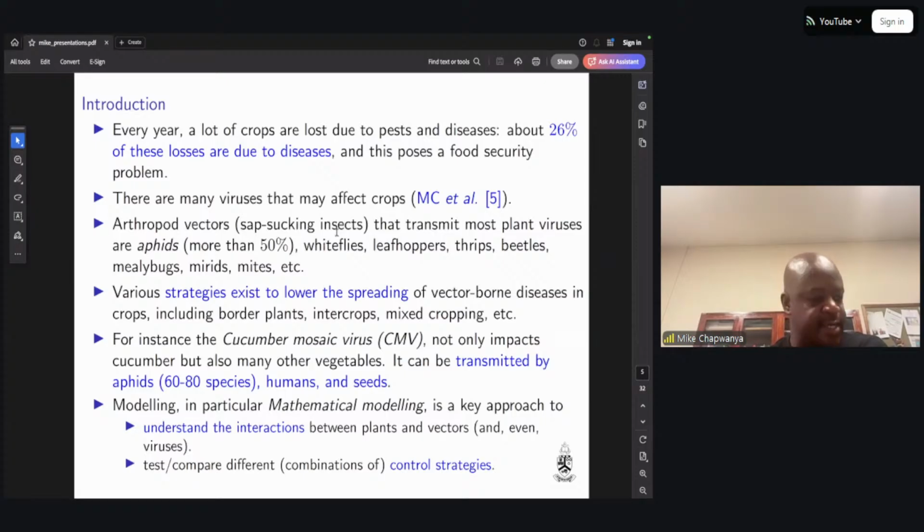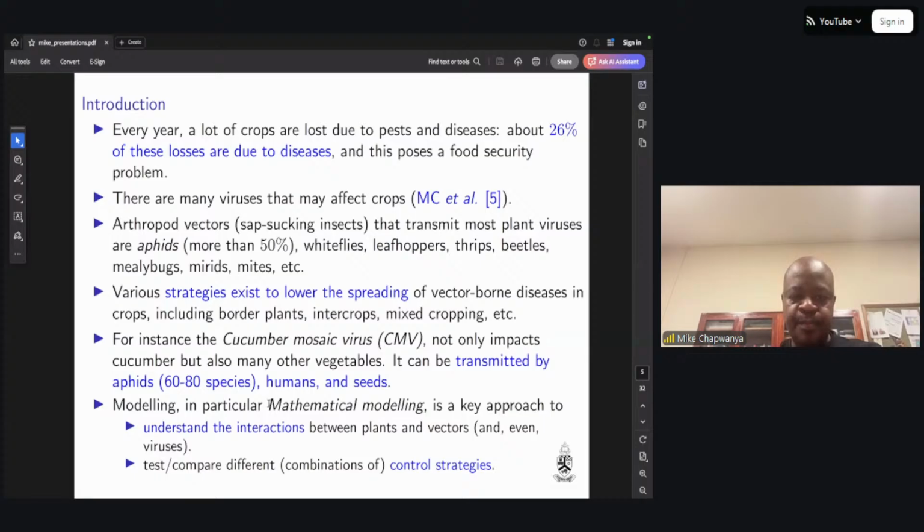Then I did make a comparison with, for example, malaria, where it's only the mosquito that can transmit malaria. But for plants, you can talk of the cassava mosaic virus disease as an example, and you find several vectors can transmit the same disease. So from the mathematical modeling point of view, it's not an easy case to present or study.